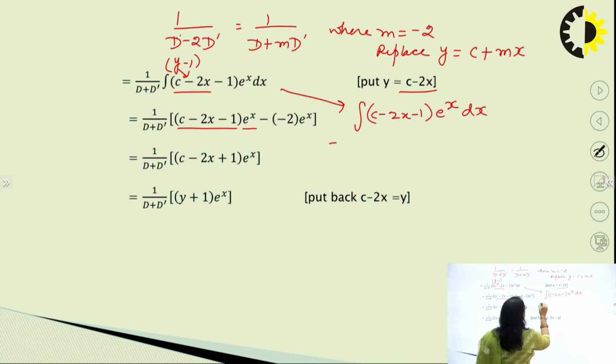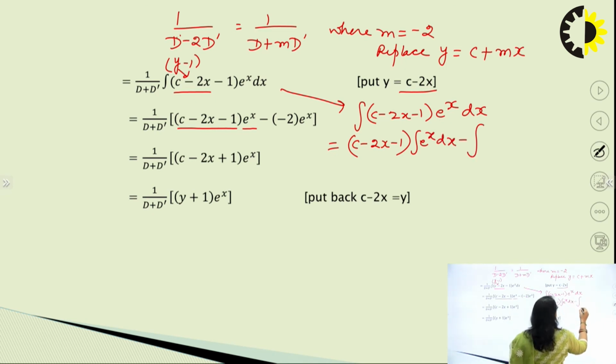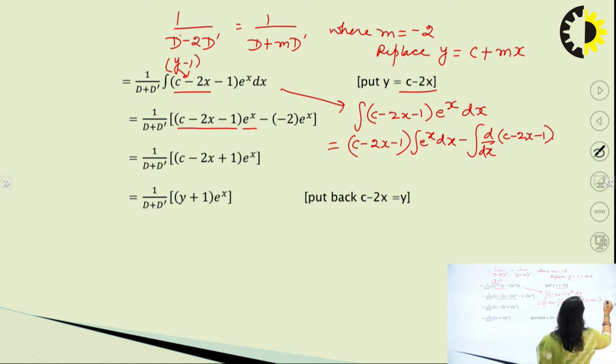This is equal to (c - 2x - 1) times integration of e^x dx, minus integration of the derivative of (c - 2x - 1) into the integration of e^x dx, and this whole will be again integrated with respect to x.